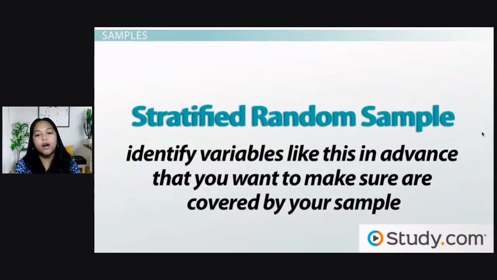You identify variables like this in advance that you want to make sure are covered by your sample. So say you have, say sa experiment na ito ni Doktor, no? Ni Doktor, remember yung ginamit niya was convenience sampling. Convenience sampling lamang yung ginamit niya. But we can actually also classify this as stratified random sample. Okay? Pwede din naman siyang stratified random sampling dahil lahat ng members ng each group or each class ay merong representative.